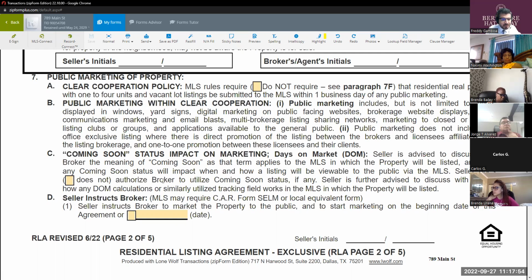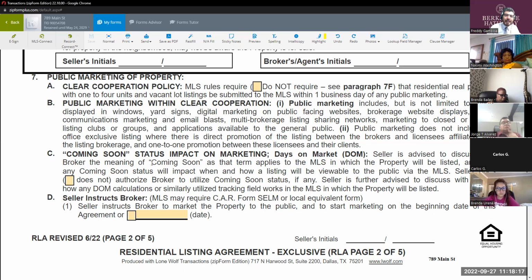Seller does or does not authorize broker to utilize coming soon status, if any. Seller is fully advised to discuss with broker how any DOM, which is days on the market, calculation, or similarly utilized tracking fields work in the MLS in which the property will be listed.